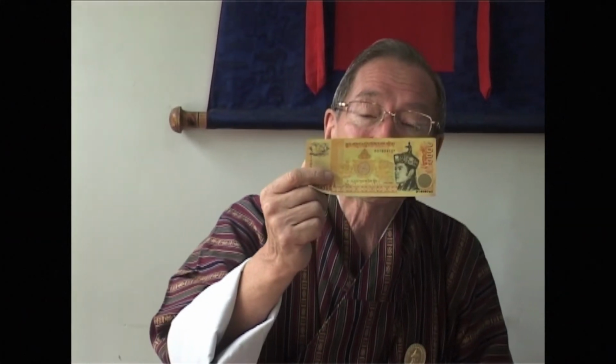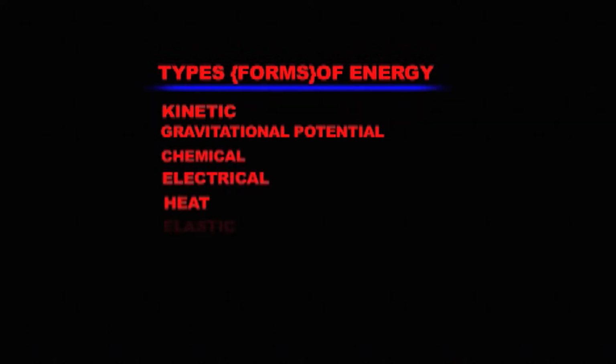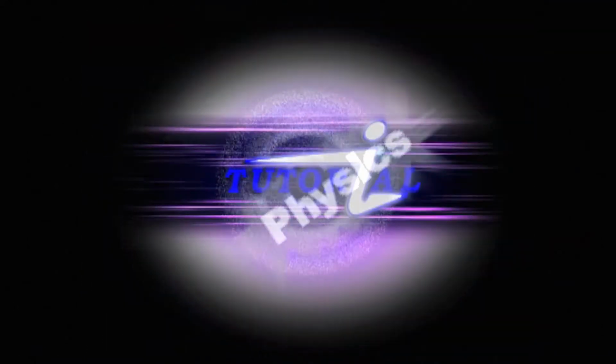Instead of Singapore dollars, Canadian dollars, euros, Ngultrums, and here's a nice little 1,000 Ngultrum note. Instead of different types of money, I can talk about the different types of energy. Kinetic, gravitational potential, chemical, electrical, heat, elastic, sound, and light.